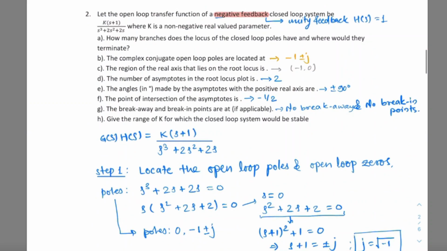So how many branches does the root locus have? 3 branches. One terminates at -1, and the 2 terminate asymptotically at plus infinity and minus infinity.